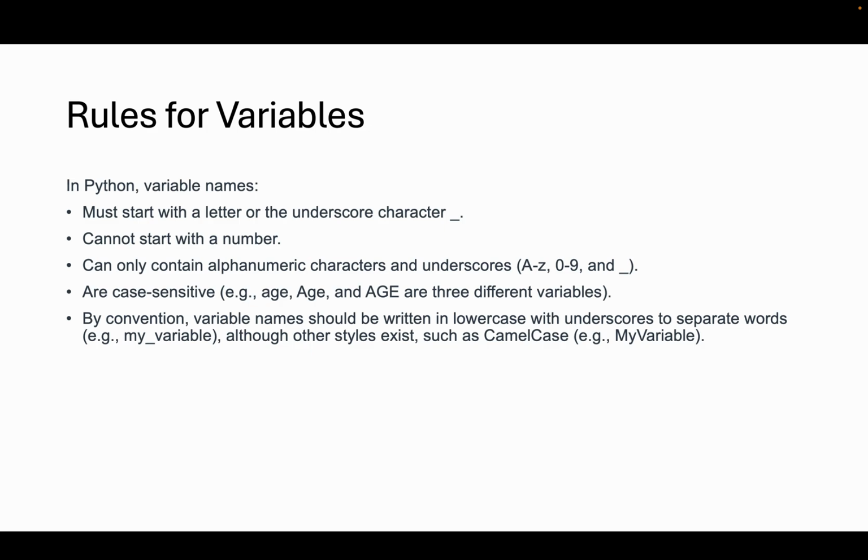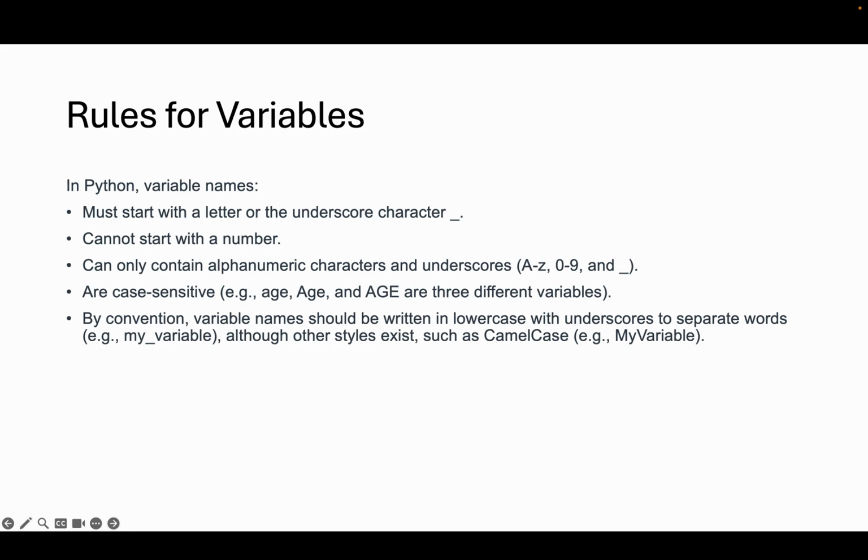And also, a variable name will only contain alphanumeric characters, like the letters between A and Z, or between 0 and 9, or the underscore. Those are the only characters that are allowed when you are declaring a variable. And also, variables are case sensitive. This means if you just change the case of one letter in a variable, it is no longer the same variable anymore.